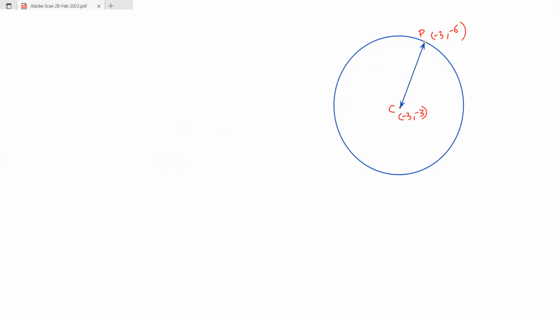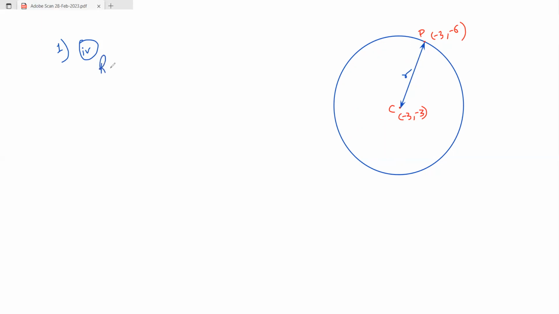But can I find the radius of the circle? Yes, I can find the radius of the circle. You know how, I will write radius of the circle is length CP. This is the radius of the circle, and I will apply distance formula.